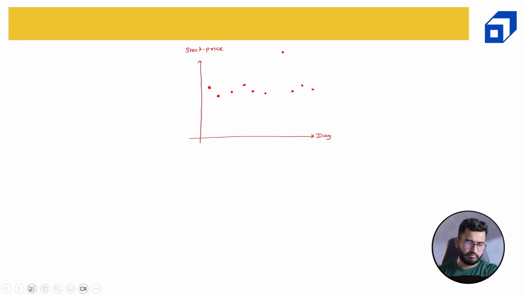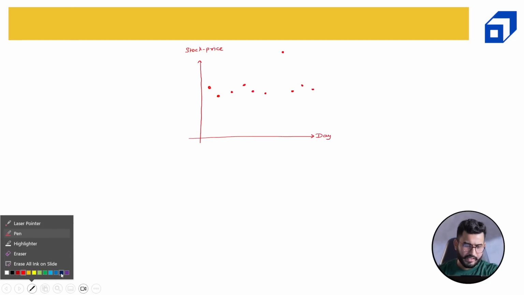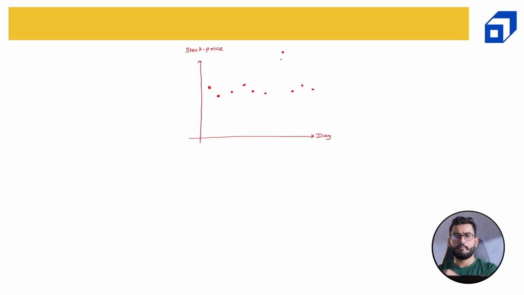Now at the very first, if I provide you with this data, all of you will say that this is an outlier. This is particularly the outlier data point, which is true, this is an outlier. But as soon as I provide you one additional piece of information, your answer will change.